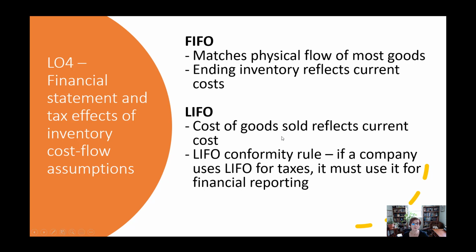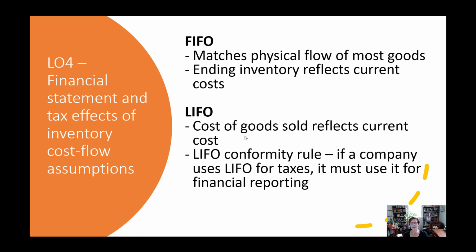Now in LIFO, cost of goods sold reflects current costs because we're assuming that the most recent ones are sold. And the reason that companies often use LIFO is because when prices are going up, and you'll see this when you do some of your actual inventory examples, LIFO is going to give you the lowest net income. Now, why does a company want to have low net income?